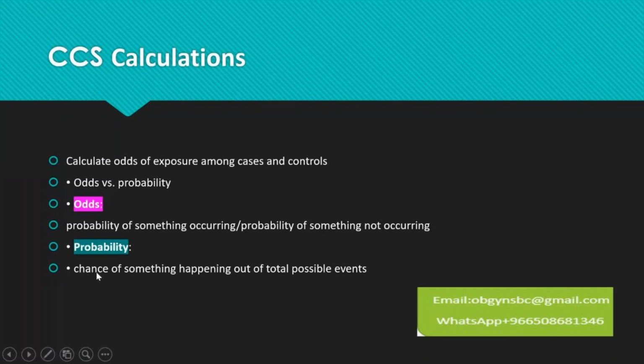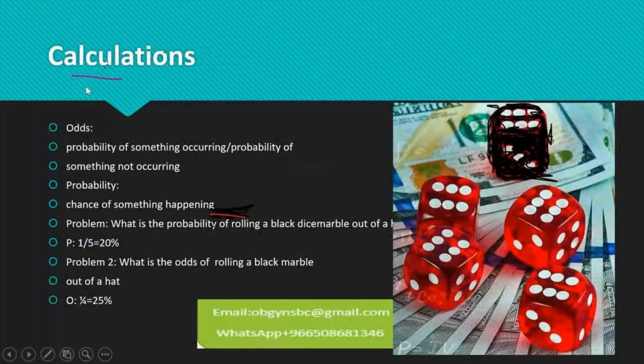The probability tells you about the chance of something happening out of total possible events, like how many subjects were there. Maybe they were exposed to something, so what is the chance that they are going to develop the disease?